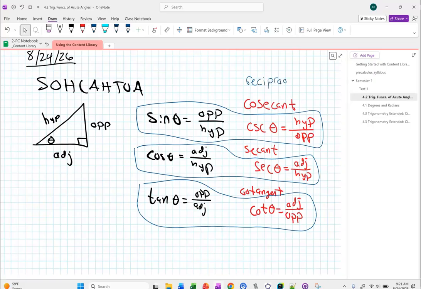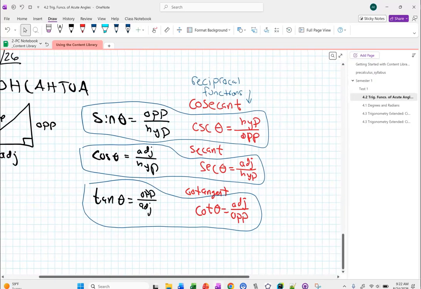Because cosecant is the reciprocal of sine, secant is a reciprocal of cosine, and cotangent is a reciprocal of tangent. Doesn't that mean that cosecant would be equal to 1 over sine? Yes, 100%. So you could make that further statement.